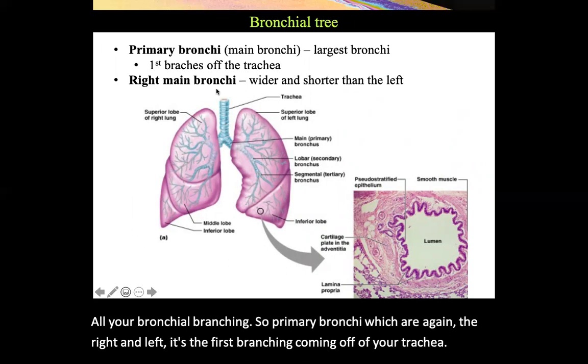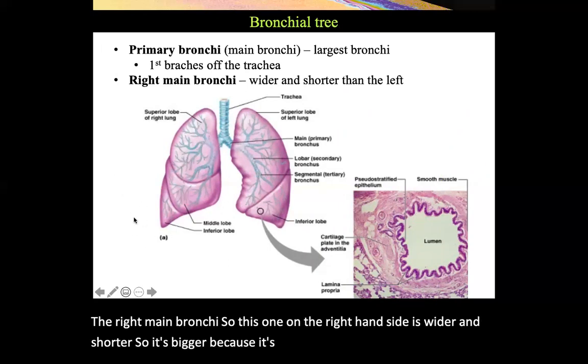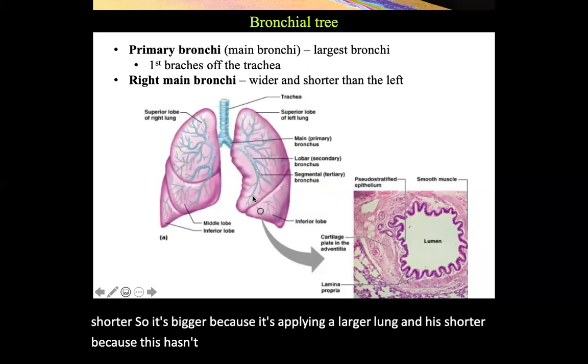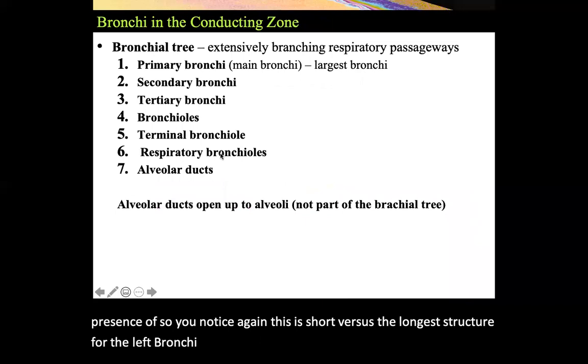The right main bronchus, on the right-hand side, is wider and shorter. It's bigger because it's supplying a larger lung, and it's shorter because it hasn't been pushed farther apart by the presence of the lung. So you notice again, this is short versus the longer structure for the left primary bronchus.